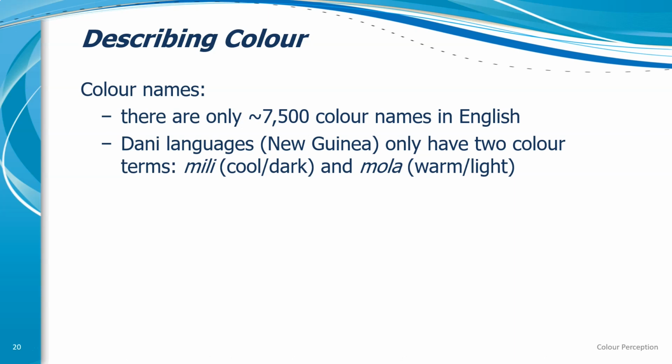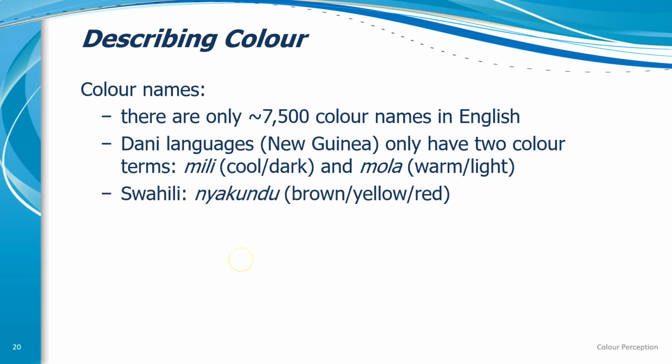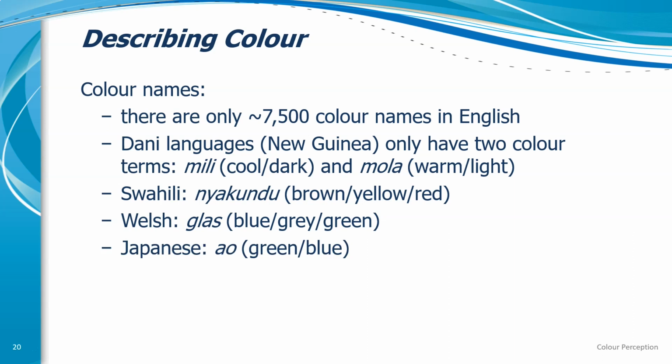No, they can see colors just like we can, but their language only has two color terms, interestingly. How about Swahili? Nyekundu refers to brown, yellow, or red, so quite a chunk of the spectrum. In Welsh, there's this word, which I'm not going to try to pronounce, which covers blue, gray, and green, and Japanese has a word which covers green and blue.